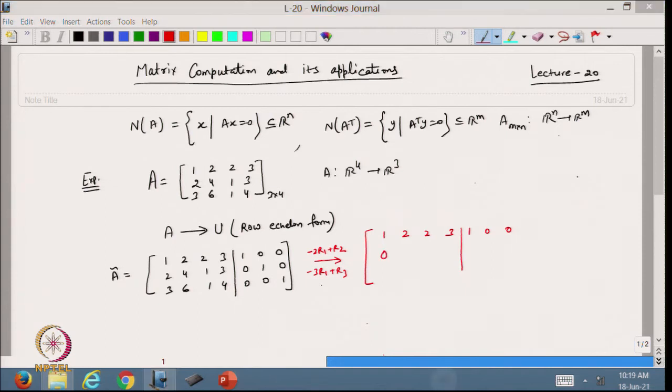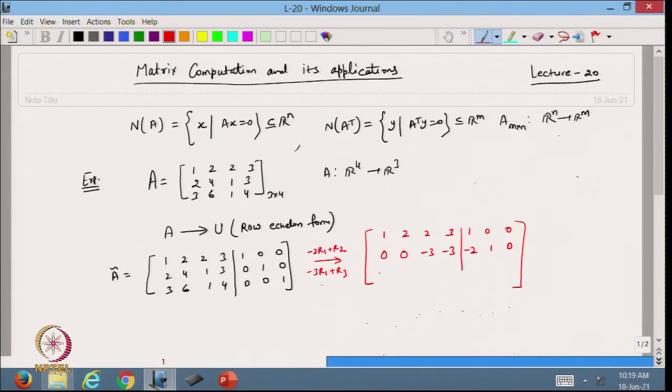Now it becomes 0 here, and this also becomes 0 because I am multiplying by minus 2: minus 4 plus 2 gives 0, minus 2 plus 1 is minus 1, and minus 6 plus 3 is minus 3. Similarly, I am doing the calculation here also. I am multiplying by minus 2 and adding, so it will be minus 2, 1, 0.